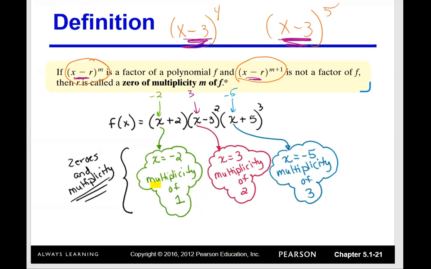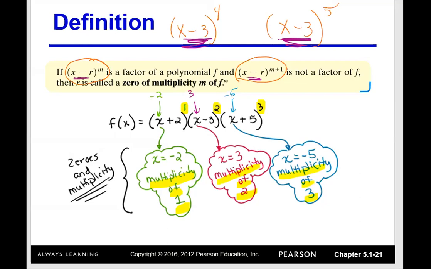When they say a multiplicity of 1, that's because right here, there's technically an invisible 1. But on the next one, you've got an exponent of 2, so it's multiplicity of 2. And on the last one, you've got a 3, it's a multiplicity of 3.